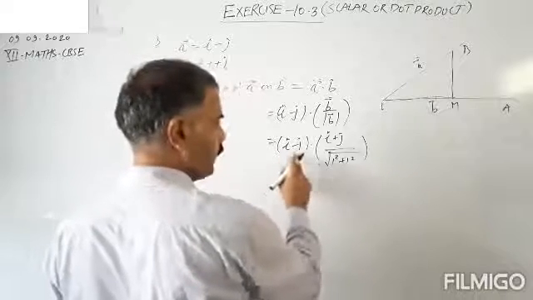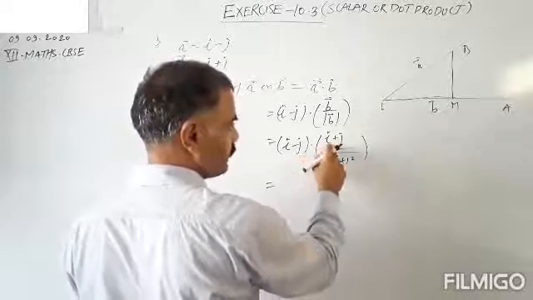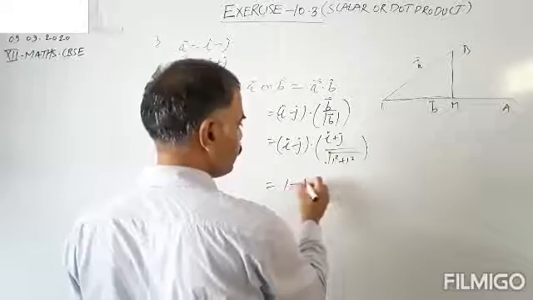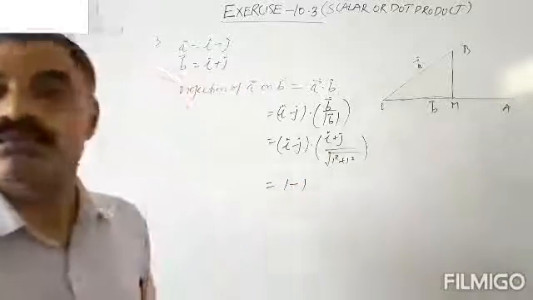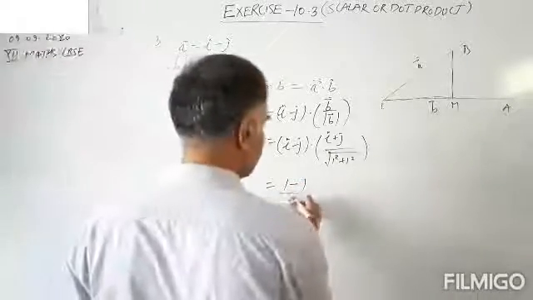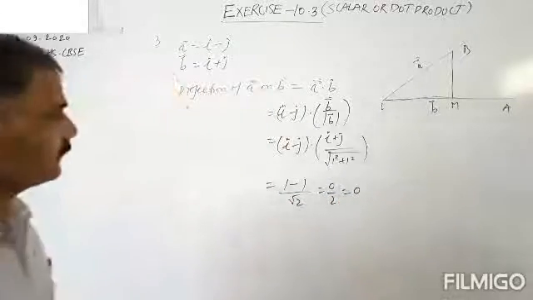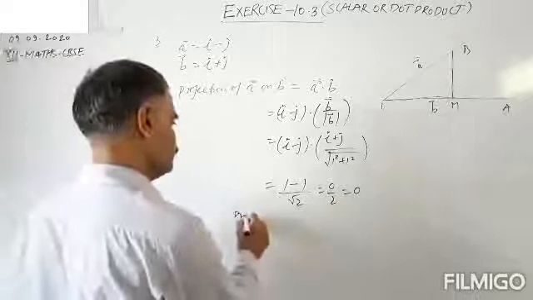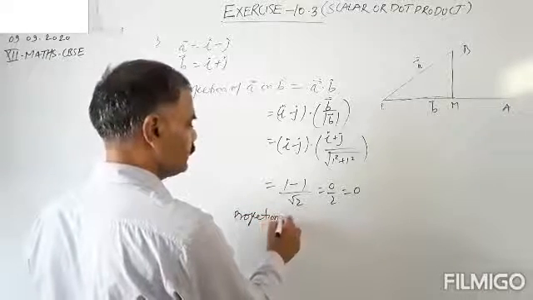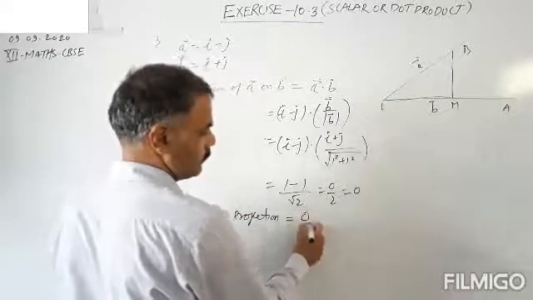So i cap minus j cap dot this means 1 minus 1, divided by under root 2, so 0 upon under root 2 equals 0. Okay, so the projection is 0.